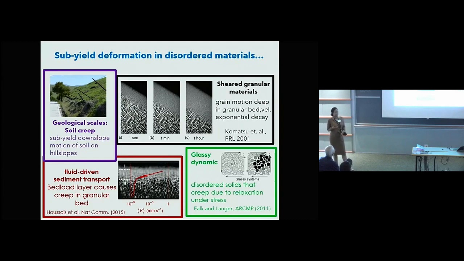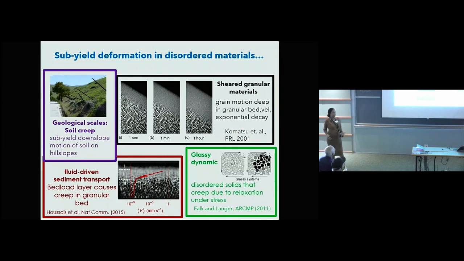So by using granular physics experiments like the one I'll describe, we can hopefully make connections to creep that occurs at geological timescales. There have been recent lab experiments that have shown creep in fluid-driven sediment transport. I'm showing some results from a recent publication in which they use tracking of particle motion as a way of observing three different regimes of behavior: a dilute suspension, and then as you go deeper, a more bedload flow that then causes creep deep in the granular bed.